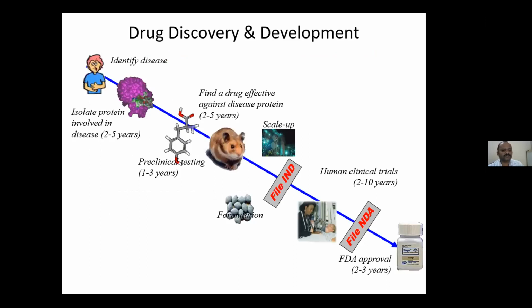Everyone knows that first we identify the disease on which we have to do the drug research. The disease is a manifestation based on the symptoms. The symptoms are in turn connected with biochemical pathways, because these pathways get disturbed, maybe because of accumulation of more or less of the metabolites.